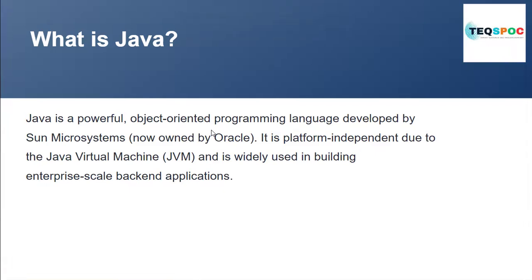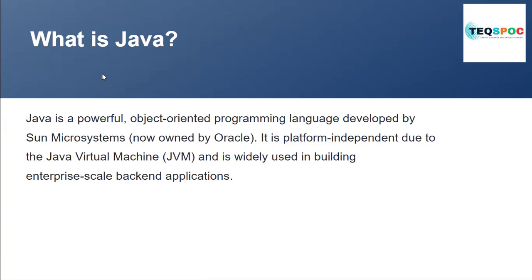Now, let me go through what is Java. So basically, Java is a powerful object-oriented language developed by Sun Microsystems, which is now owned by the Oracle company. Okay.